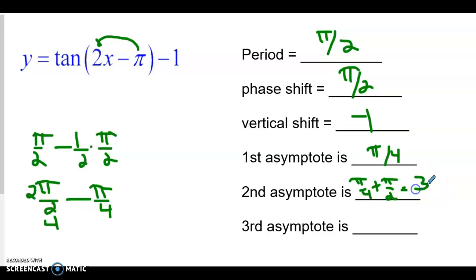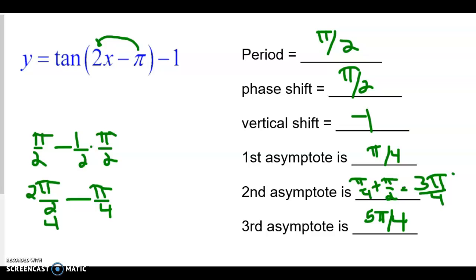So that's 3 pi over 4 for our second asymptote. And then for our third, you're going to take this answer here and add on another period. So you're going to have 3/4 plus 1/2, giving you a third asymptote of 5 pi over 4.